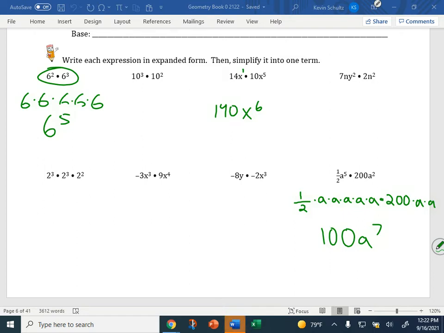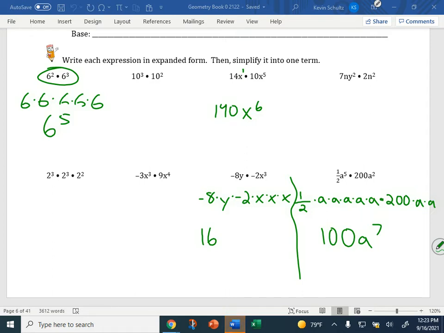Question or no? The negative 8y? Okay. Negative 8y times negative 2x cubed written out in expanded form. We have negative 8 times y, times negative 2 times x times x times x. So our coefficients, which we can see, negative 8, negative 2, get multiplied, giving us positive 16.